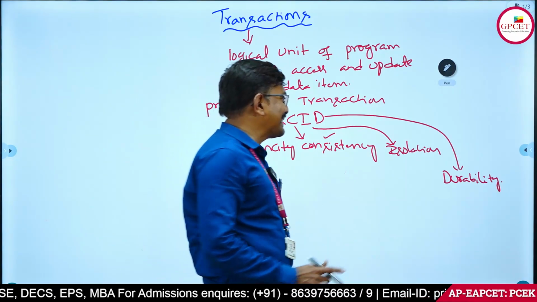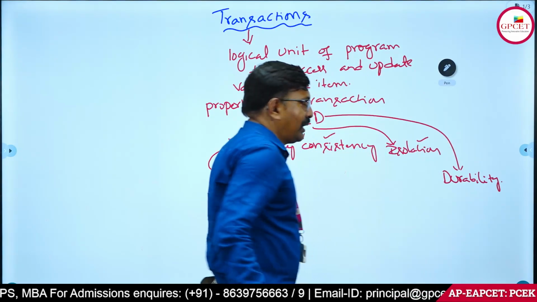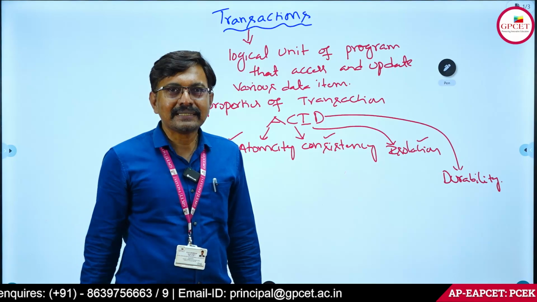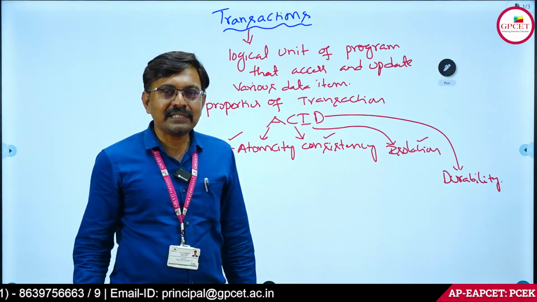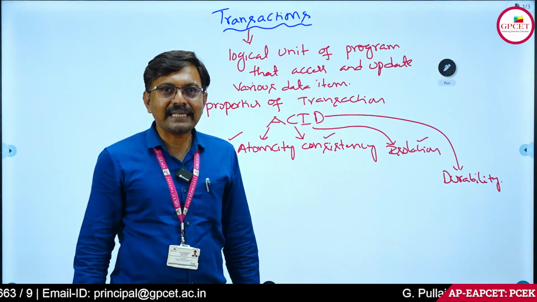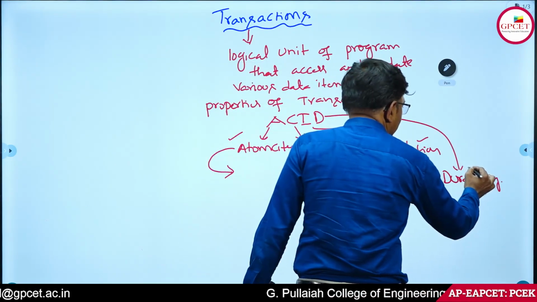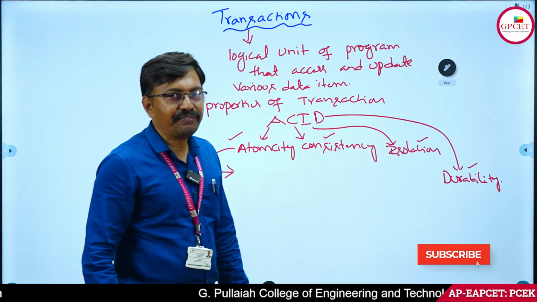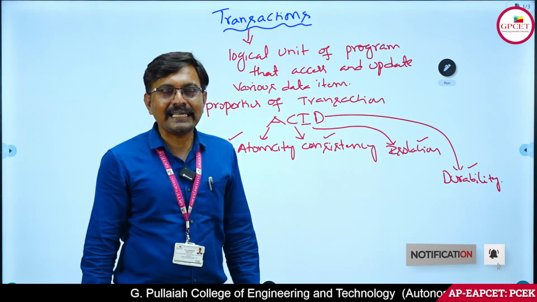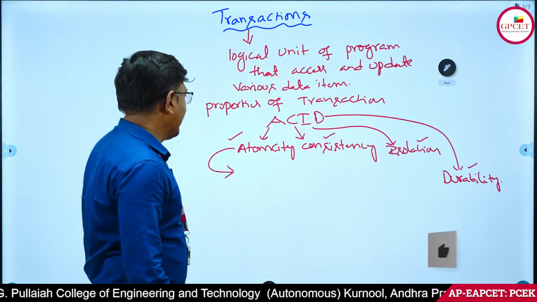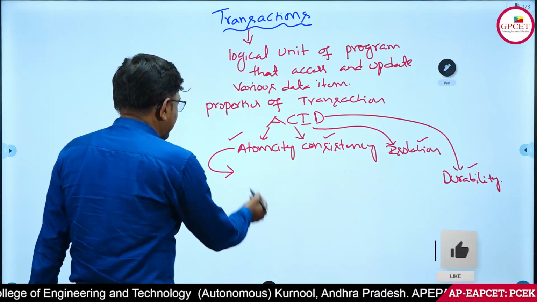Isolation is nothing but multiple transactions can execute simultaneously, transaction T1 followed by T2, or T2 followed by T1. And durability is redoing the operations of committed transactions in case of failures.